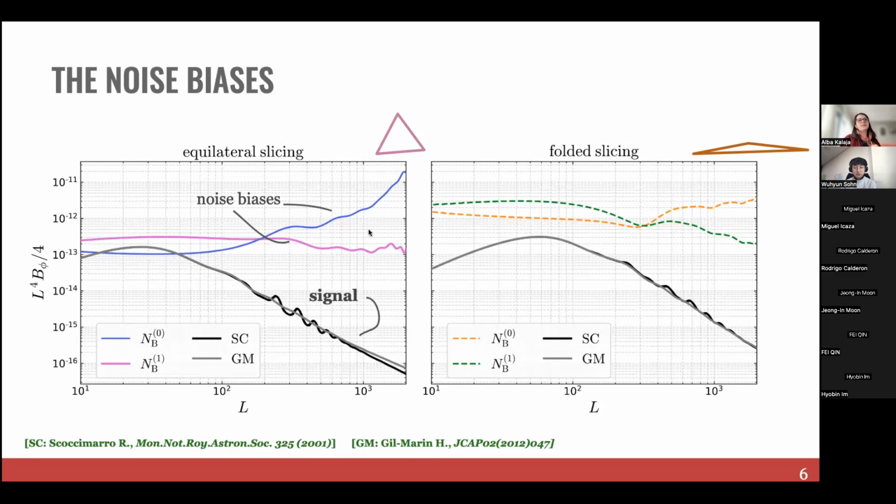And you see the 2 largest noise biases here. As you can see, especially at high L, the noise biases bury the signal. If we want to retrieve the signal, then we need to take this into account and carefully remove them. So this is the problem we're looking at.